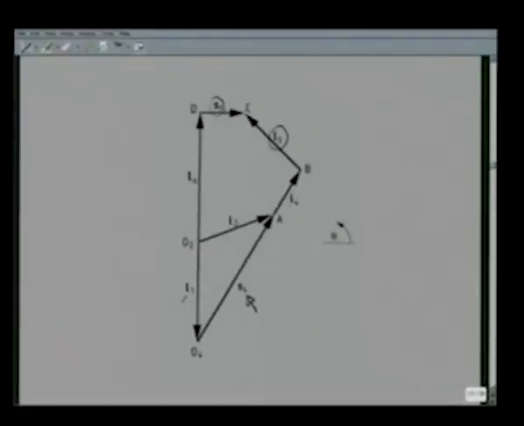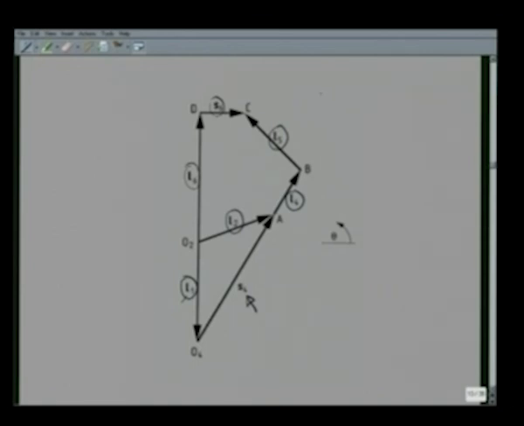So, here what we see is that there are link length vectors like L1, L2, L5, L4 and L6, that is the distance of the slider movement from the point O2. These 5 link length vectors, L1, L2, L4, L5 and L6, are constant, they are not changing with time.